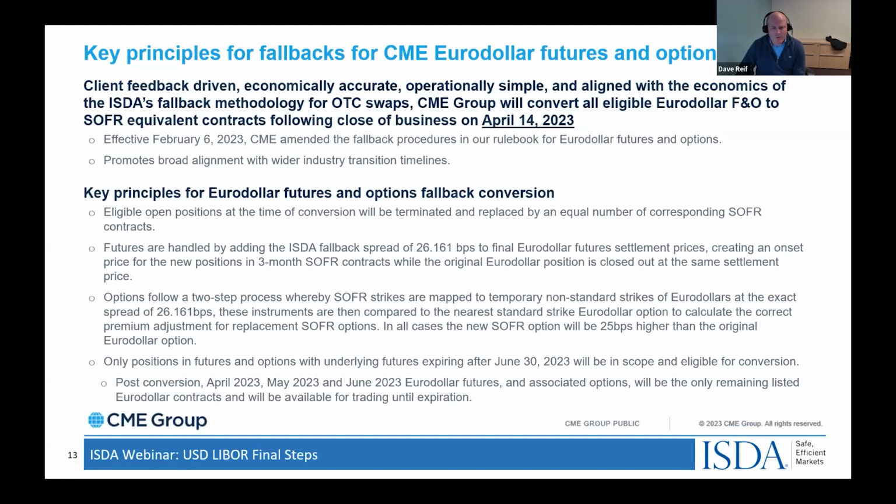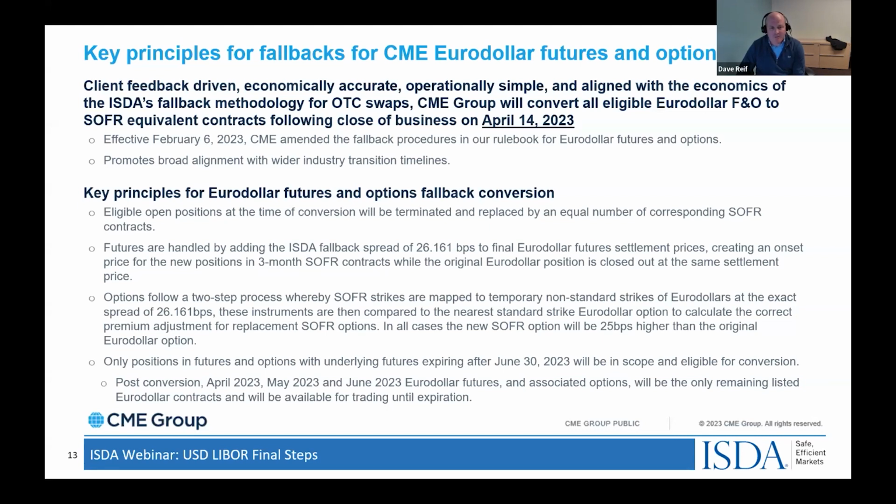For the futures, we'll go into a little more detail on another slide, but it's very simple: we're just going to take the ISDA fallback spread of the 26.161 and add that to the final Eurodollar future settlement price. This will create the onset price for the new positions in the 3-month SOFR futures contracts. The Eurodollar positions will simply be closed out at that daily settlement price.